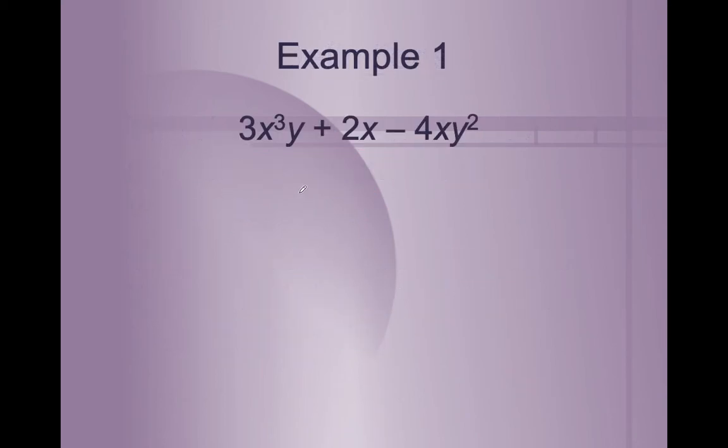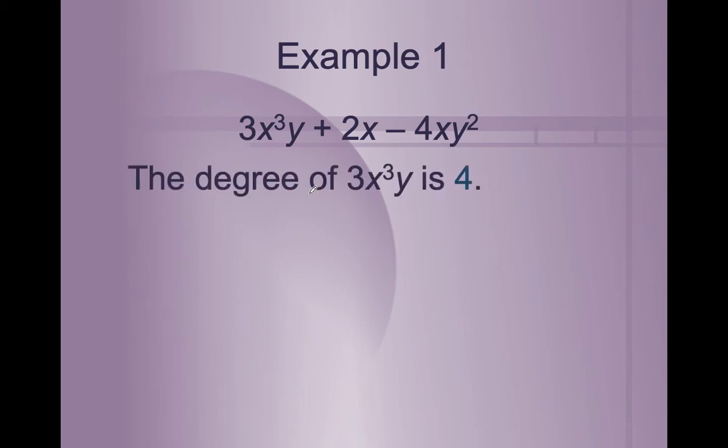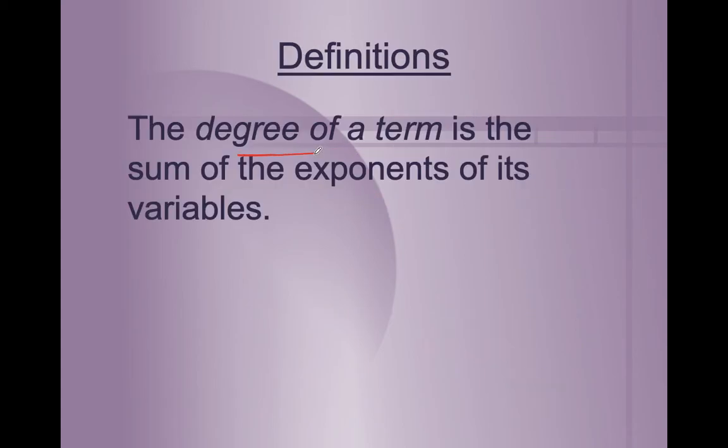Here we go. 3x cubed y plus 2x minus 4x y squared. This is our first example here. State the degree of this polynomial. So the degree of a polynomial is found by finding the degree of each term.